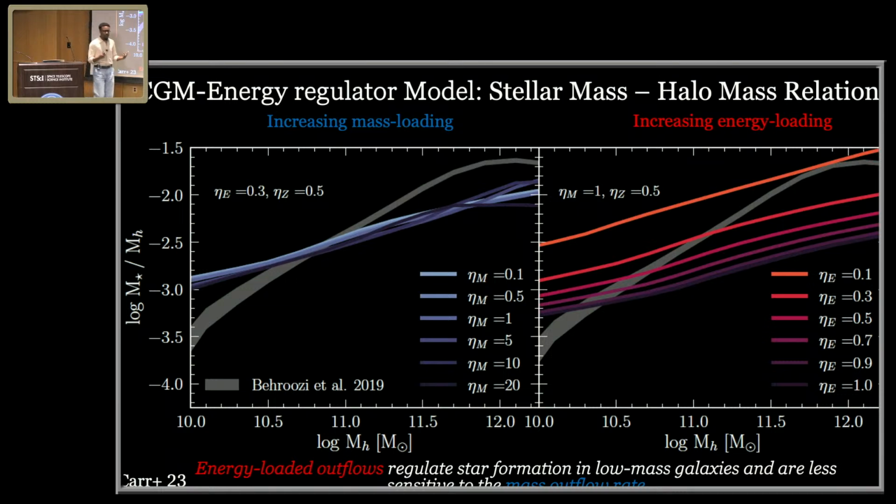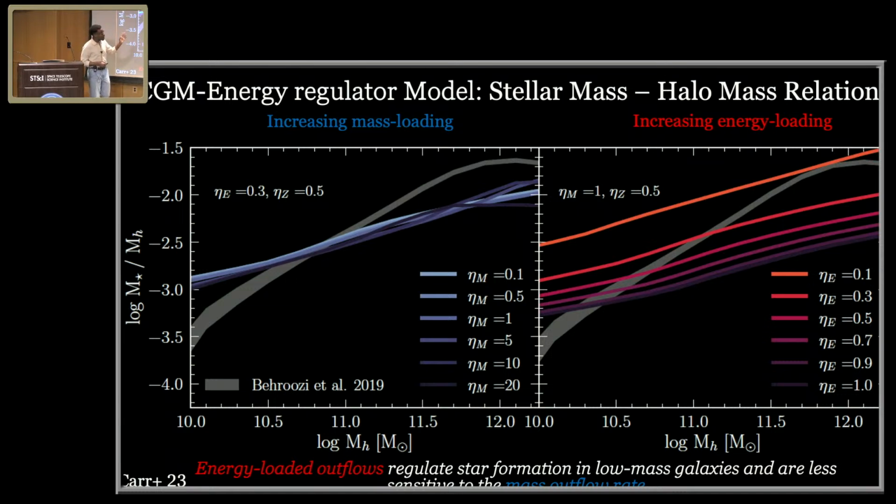And initially this may seem very counterintuitive, that the resulting stellar mass would be very insensitive to the mass carried in these outflows. But this can actually tell us something quite profound about the interaction between these supernova winds and the CGM.